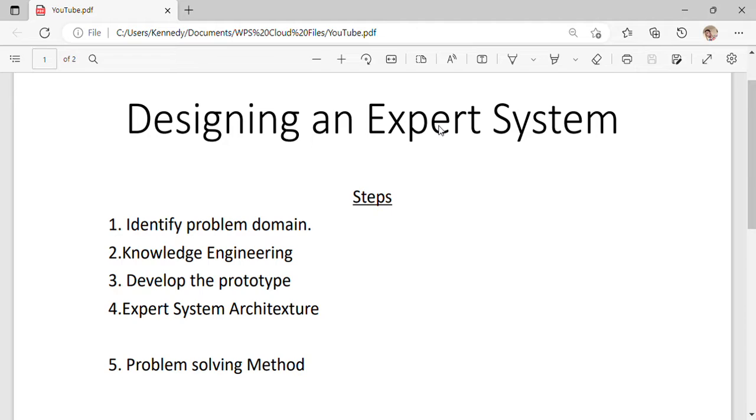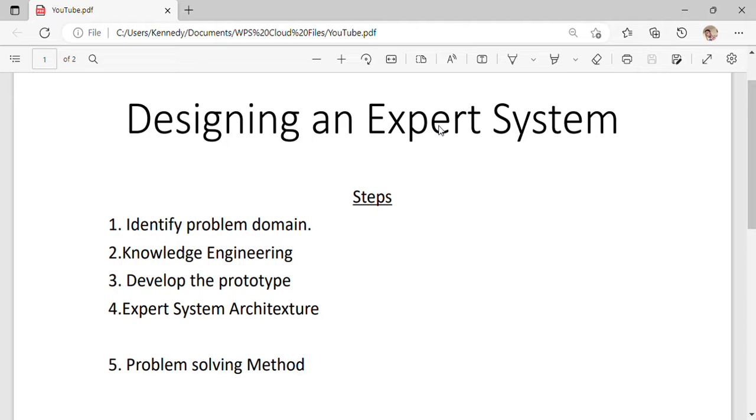Maybe it's in robotics, in hospitals, in business, in academics, whatever domain expert systems take place in. Okay, that's the domain.